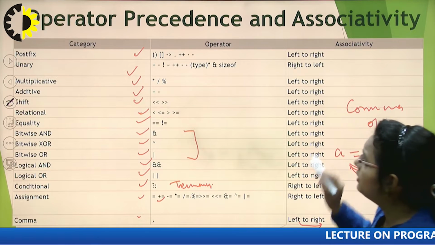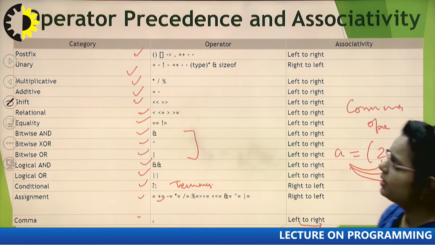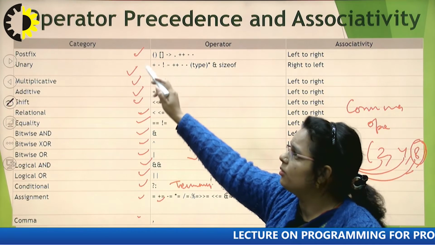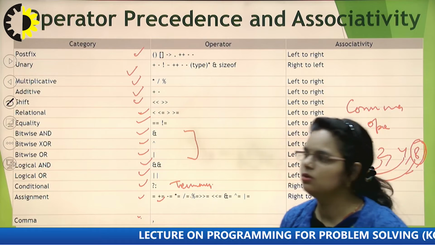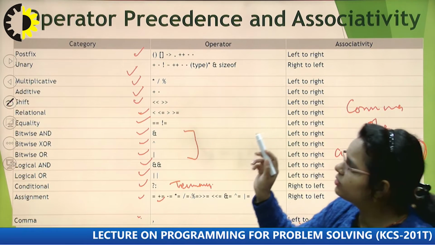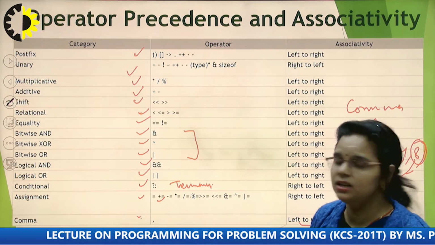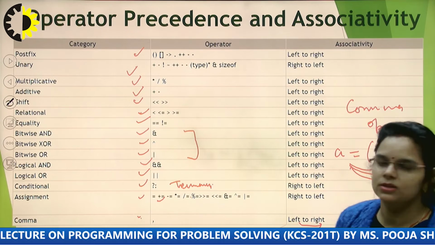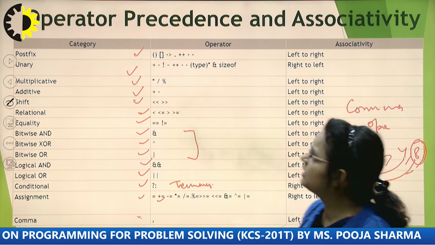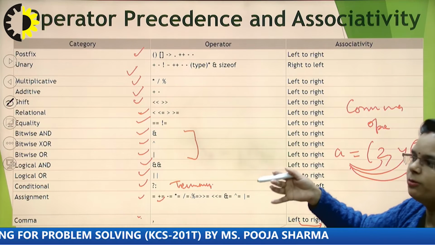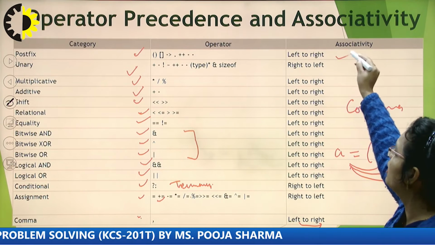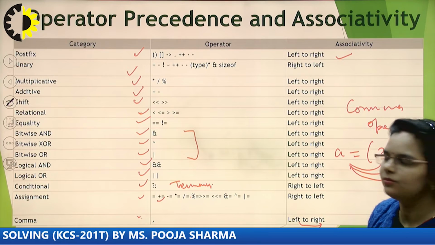When we read about operator precedence, I'm again repeating, in this table the topmost operators have the higher precedence and the lowermost operators have the lower precedence. So all the postfix operators have the highest precedence and the comma operator has the lowest precedence. Whenever we talk about associativity, suppose we have an expression with various postfix operators, then we will evaluate it from left to right.